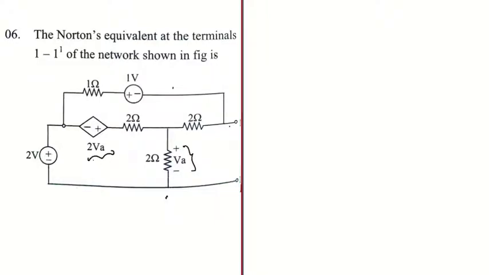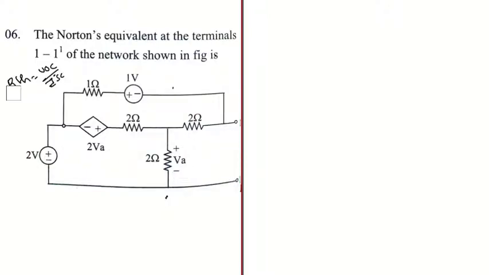Okay, so whenever there is a dependent source with the source, we have to find out the RTH is equal to VOC divided by ISC. So VOC is actually the open circuit voltage over these 2 terminals and ISC is the short circuit current over these 2 terminals. So we have to find out each one of those.